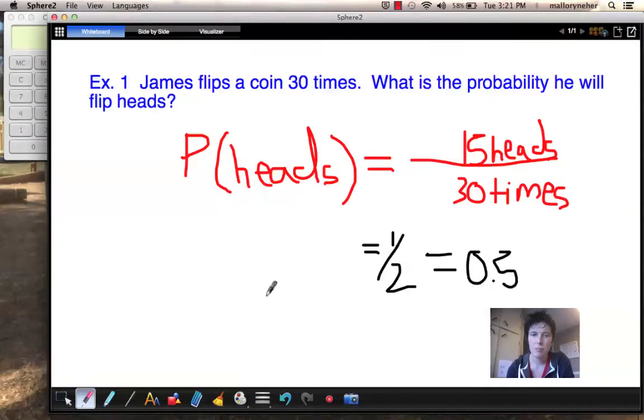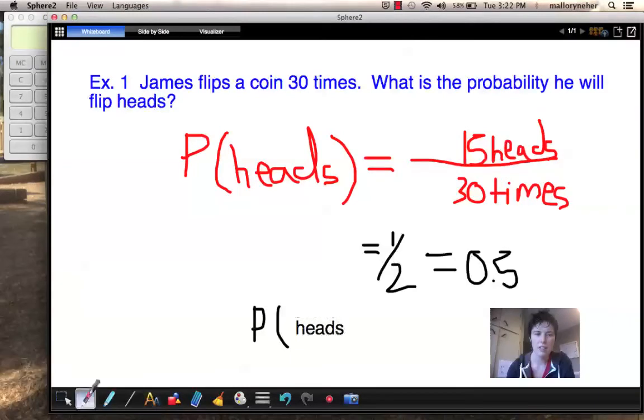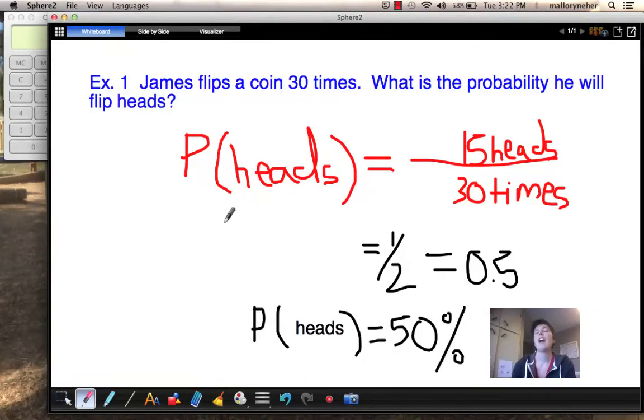Which means my probability of getting heads equals 1/2 or 50% chance. Out of 30 flips, I expect him to get heads 15 times.